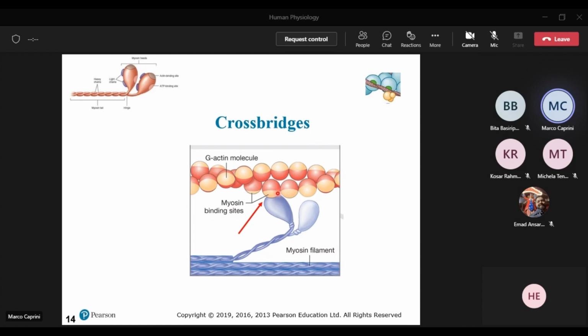In this condition, when cross bridges are formed by the thick filaments and the thin filaments, each G-actin molecule has a single myosin binding site, and each myosin head has one actin binding site and one binding site for the ATP. The cross bridges are formed when the myosin head of the thick filaments binds to actin in the thin filaments. Every time during the contraction, this myosin head can bind this actin and then this actin and then this one and then this one, just moving the actin filaments.